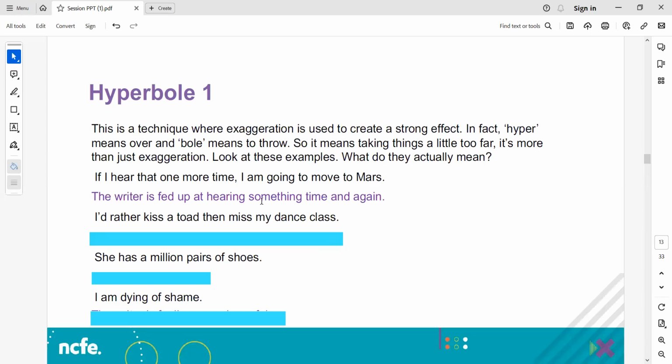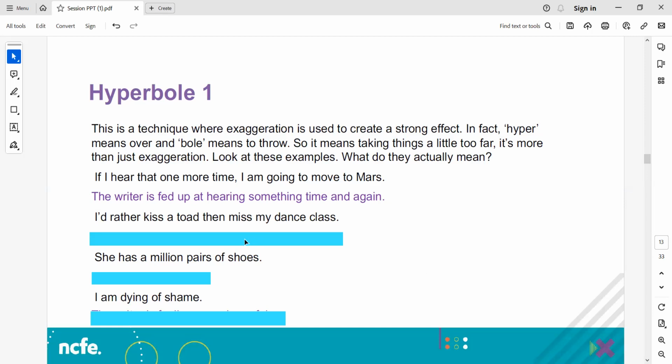I'd rather kiss a toad than miss my dance class. So how does the writer of this sentence feel about their dance class? Very important.